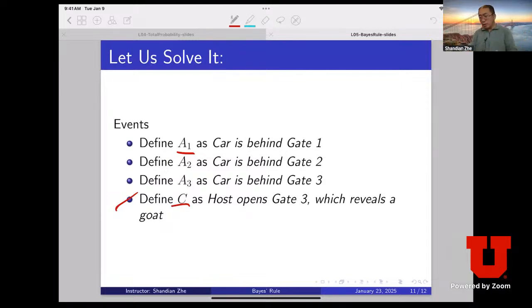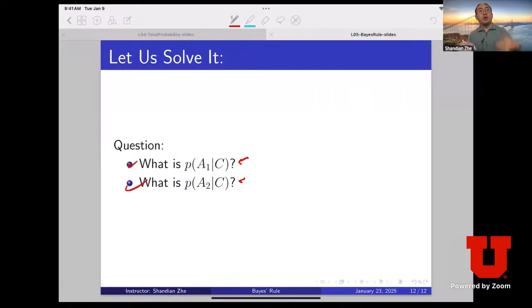We would like to compare whether these two conditional probabilities are identical. If they are identical, we don't need to switch, because staying on gate 1 has an equal chance to win the car as switching to gate 2. But if the conditional probabilities differ, then we can make a decision. Does it make sense?